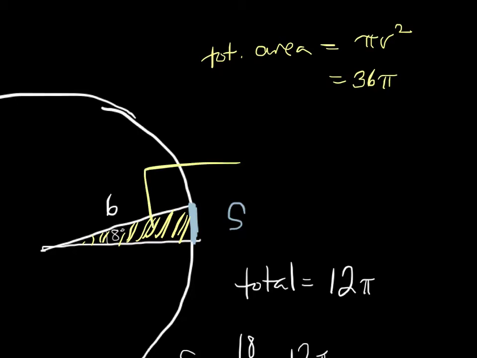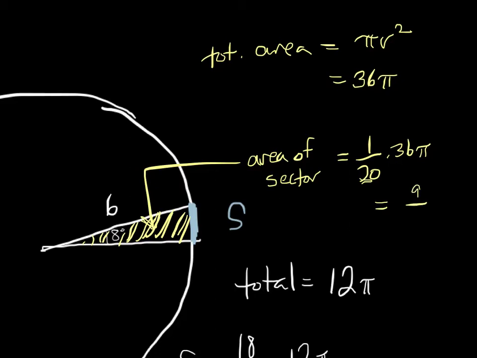So that means this area, same fraction. We could call this the area of the sector, and it's going to be 1/20th times 36 pi. And you can reduce that. 36 over 20 pi, which is 9/5 pi.